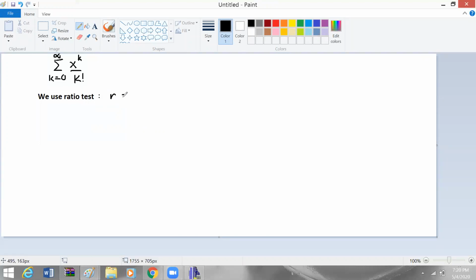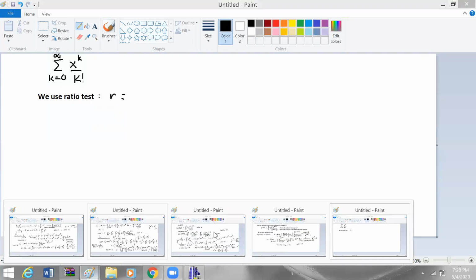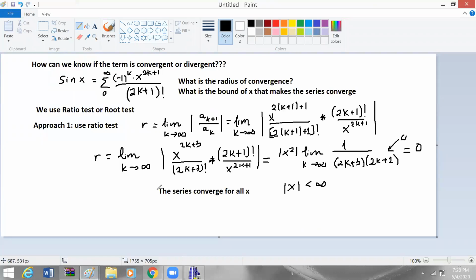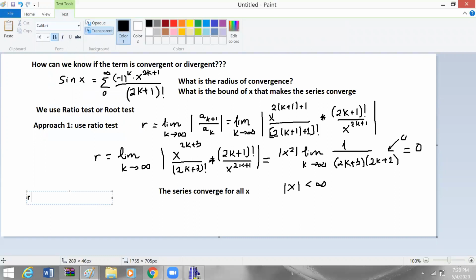Remember, on the previous example, the ratio test: when R is less than 1, it converges, right? Less than 1, the series converges. And this is just something that we learned from chapter 10. When R is greater than 1, the series diverges.